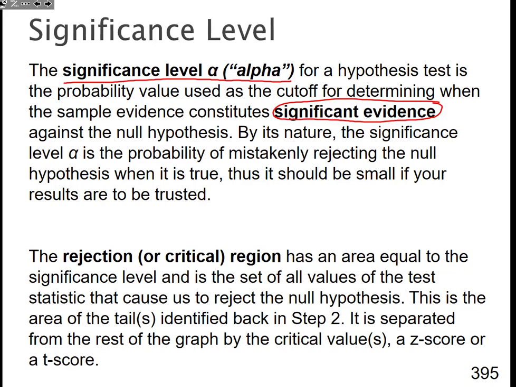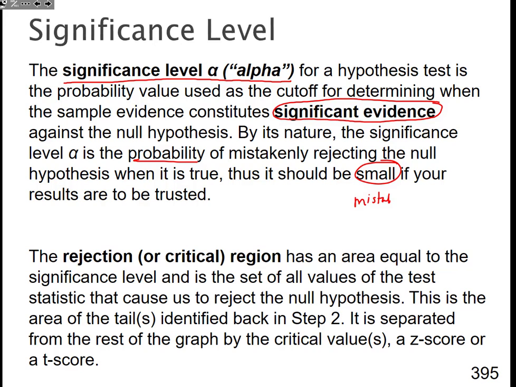Remember, a hypothesis test is testing whether something is true or not. So the alpha is basically how much evidence do you have against your null. By its nature, the significance level alpha is the probability of mistakenly rejecting the null hypothesis when it's true. Thus, we want it to be small if your results are to be trusted.